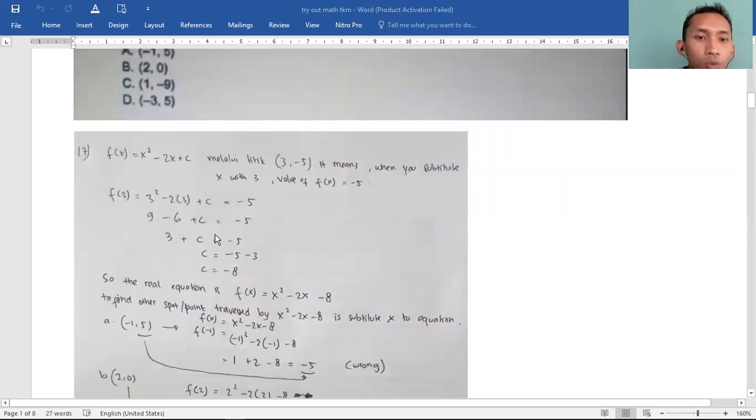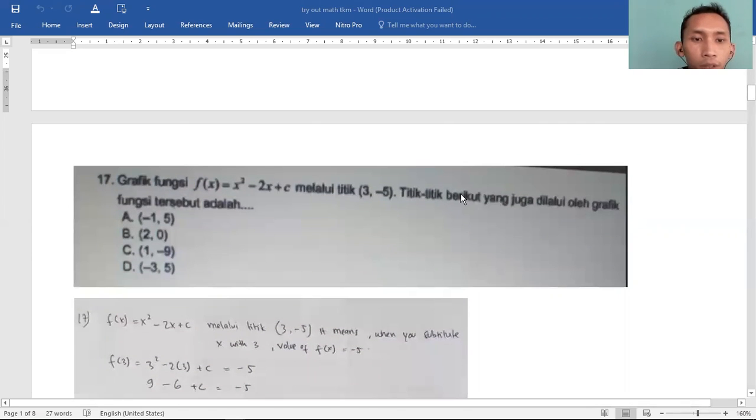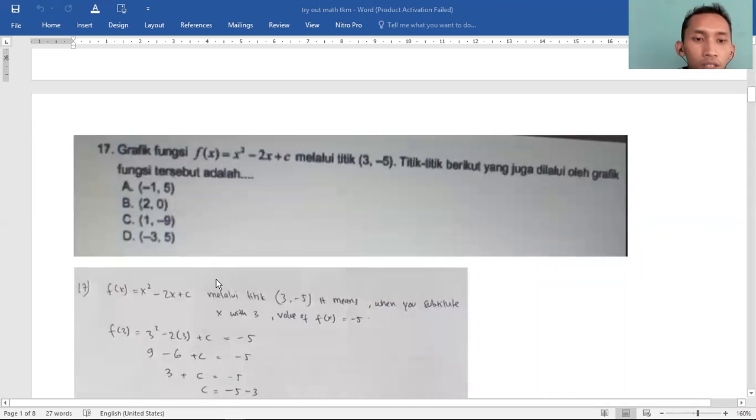So we can write the equation like this now. The function of x is x squared minus 2x minus 8. And then we have to find the other point. They ask about the other points from A to D. What we can do is only substitute.